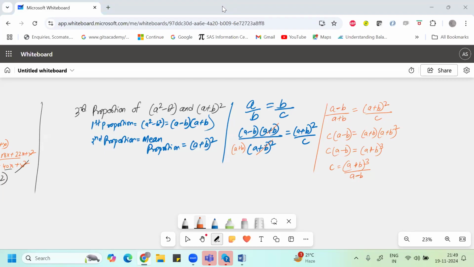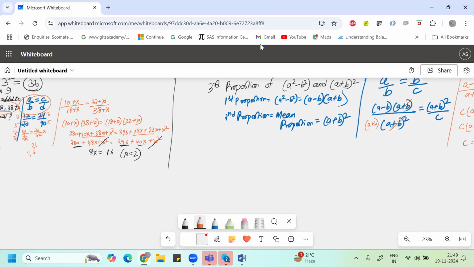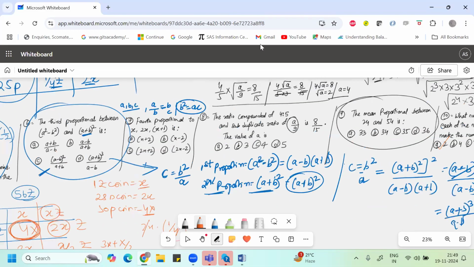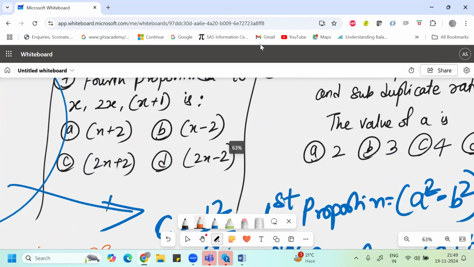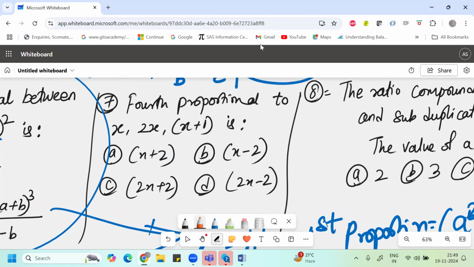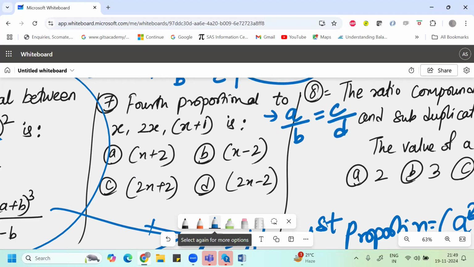You wrote seventh, means you want me to do question number 7? Yeah, the seventh question. So if you are getting a question on fourth proportion, what formula do you have to use? You have to use the formula a by b is equal to c by d. So this is your a, this is your b, this is your c, and they're asking you d.